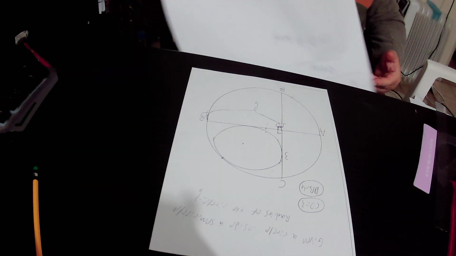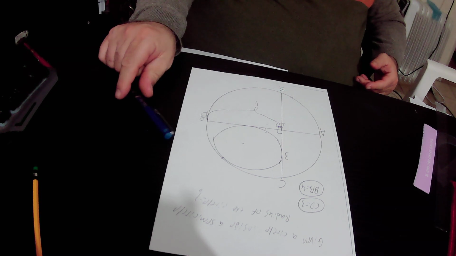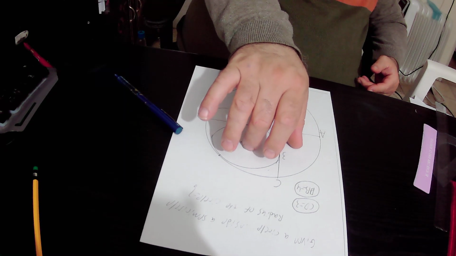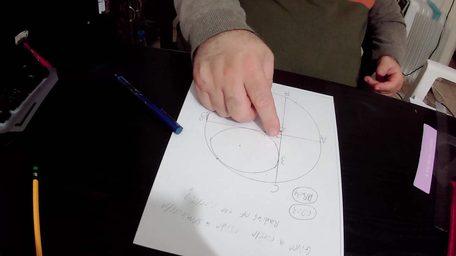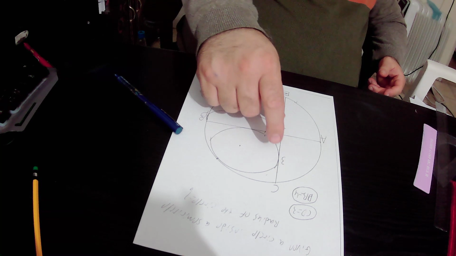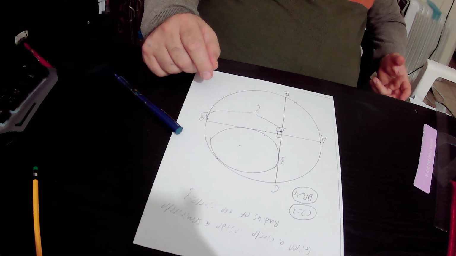I repeat again. CD equals DE because the semicircle that we created is the mirror image of the original semicircle. So when we extended the straight line CD, we created the mirror image of the straight line CD. And when you create a mirror image of anything, the length doesn't change.